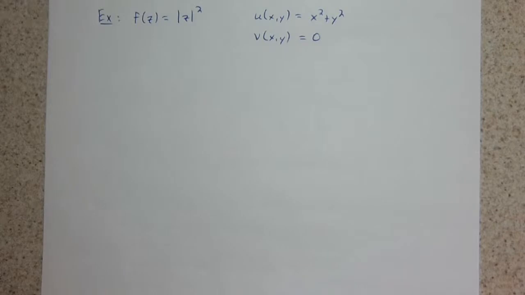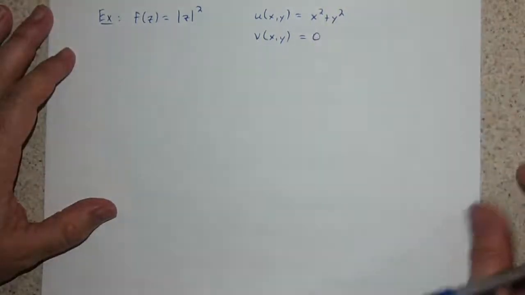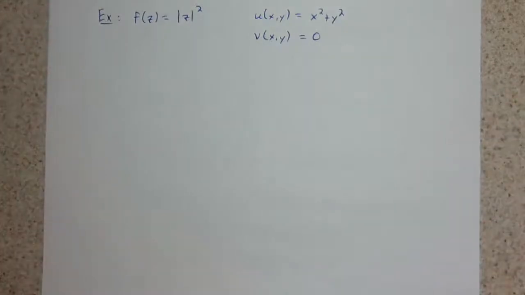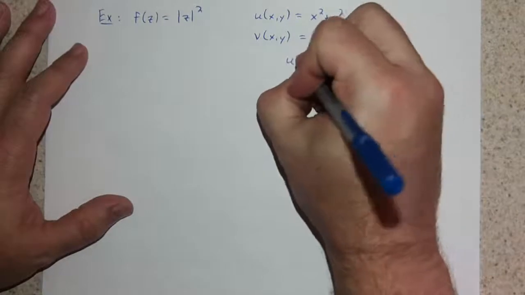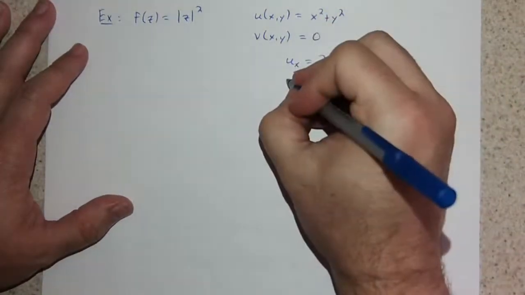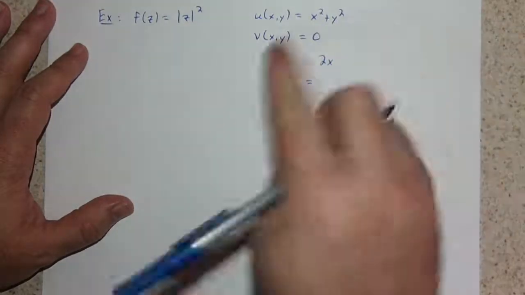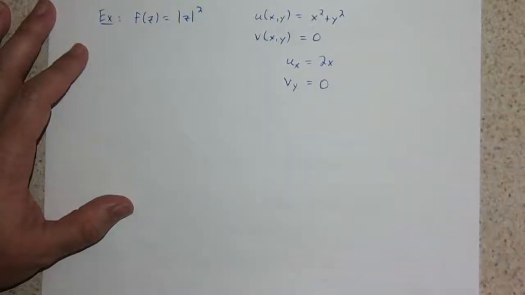Well, what would it mean for the Cauchy-Riemann equations to hold? Let's just check real quickly. First of all, the x partial of u is 2x, and the y partial of v is 0 because it's just constant 0.